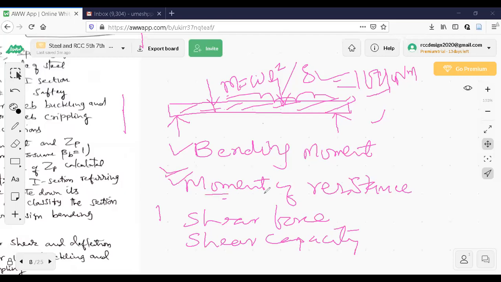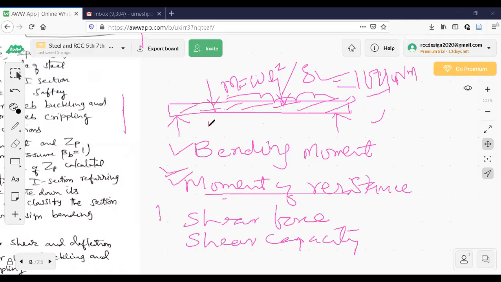If this value is equal to or more than 100 kN meter, then I will say this beam is safe in resisting the bending moment. The question is how to find out moment of resistance of a beam, irrespective of steel or RCC. Try to understand. Now, how do you find moment of resistance? In general, which formula are you going to use?